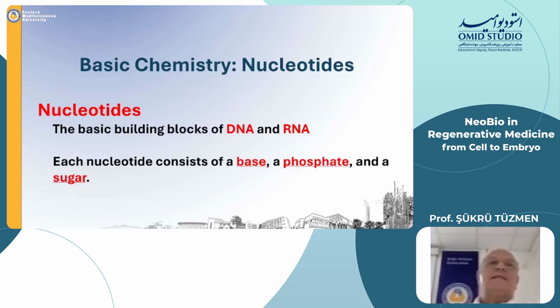Like 26 letters in the English alphabet, there are 4 letters in the alphabet of DNA, A, C, G, T, by the way, and by putting them together, in combinations and permutations, you can get different words and then sentences, paragraphs, as the characteristics that are expressed as part of the gene expression, which I will touch upon in my next slides. So the language of DNA is coded within these 4 bases, 4 letters.